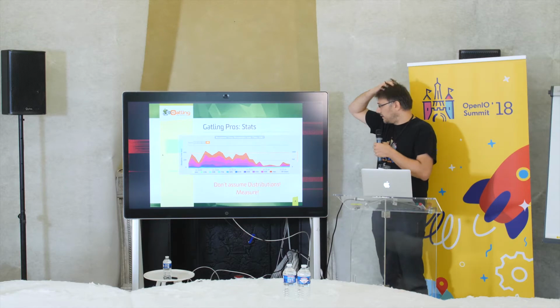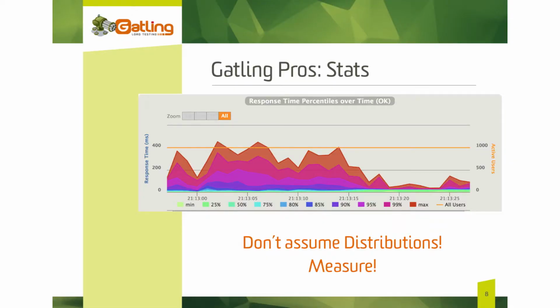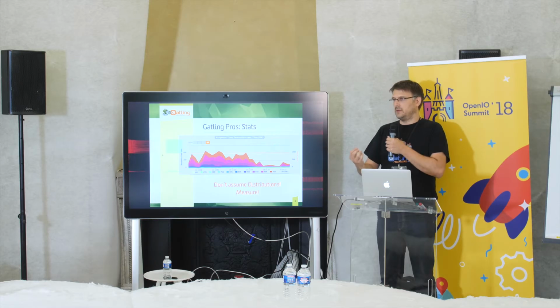Another pro of Gatling is the way that we report stats. Back then, most monitoring systems and also load test systems reported on stats. Well, you want stats to get an insight about the behavior of your system, typically, say, response time.